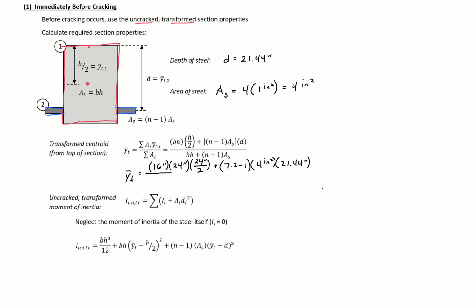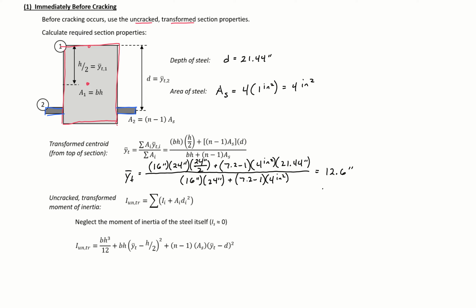And then we'll divide all this by the summation of our areas, so 16 times 24 plus 7.2 minus 1 times 4 to give us our distance from the top to the centroid of our uncracked transformed section to be 12.6 inches. We can then use our parallel axis theorem to calculate our I uncracked transformed.